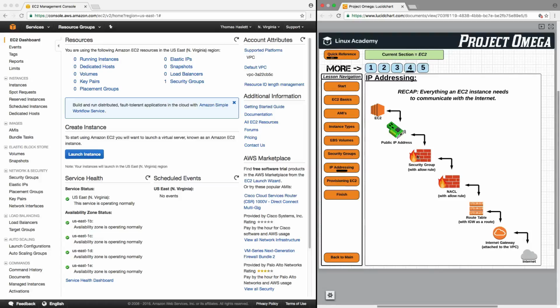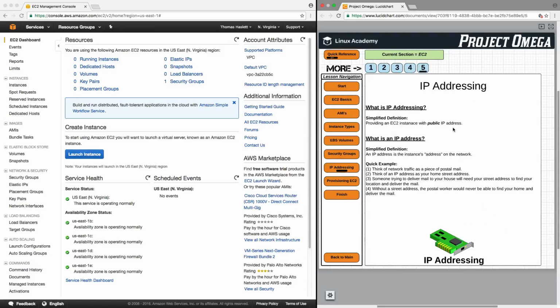Or maybe your inbound or outbound rules on security groups or network access control lists are not set up to allow that specific type of traffic. Or maybe the EC2 instance is not associated with a route table, or the route table doesn't have an internet gateway attached. These are all areas that you need to look at when you are analyzing your VPC and your internal network in terms of data flow and communication.